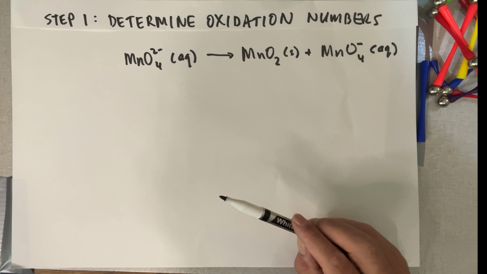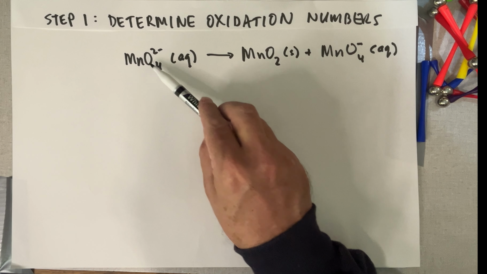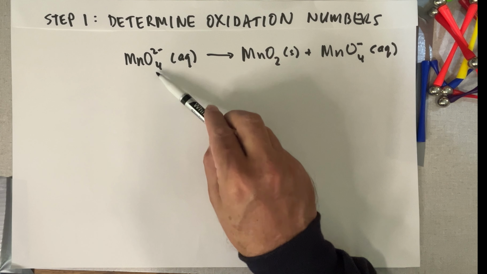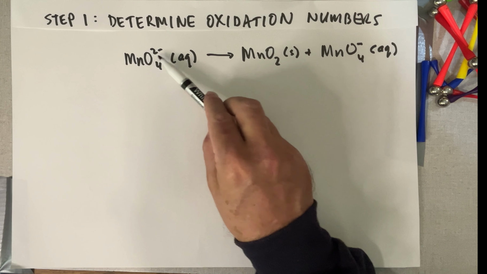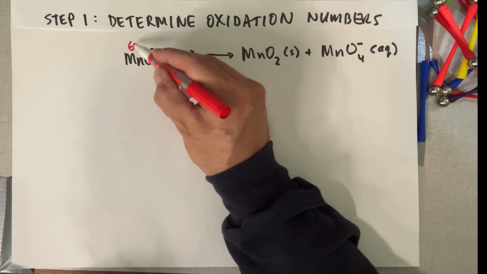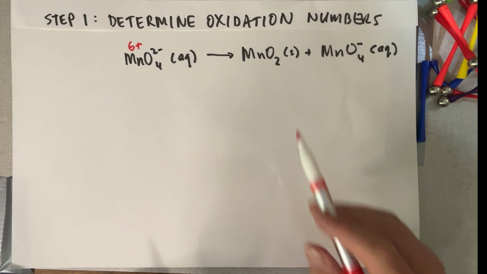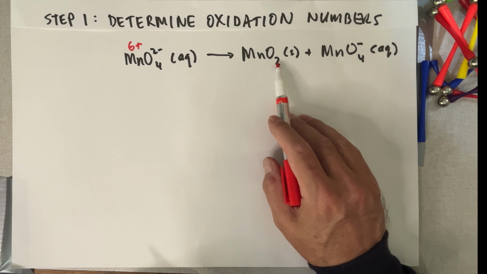So that's always the first step that you want to follow. So we know that oxygen is always 2-, and you have 4 of them, and the total charge of the species must be 2-. So that means the manganese must be 6+. Here you have manganese dioxide, oxygen 2 minus, or 2 times -2 is -4.